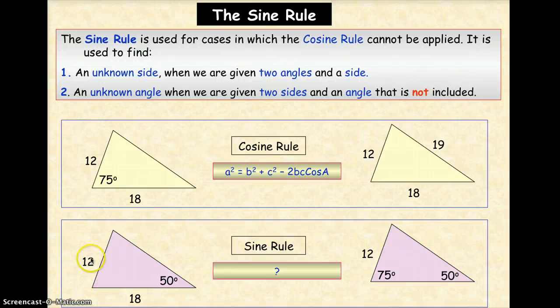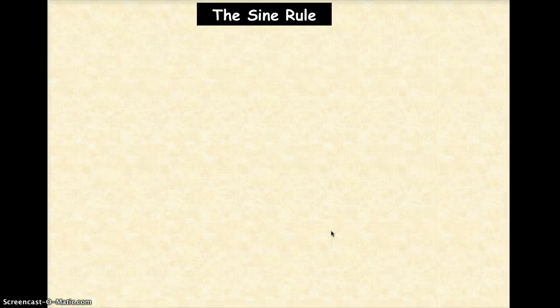For example, in this diagram, you have two sides, and the angle given to you is not the one in the middle or between these two given sides, which is the opposite of the cosine rule.